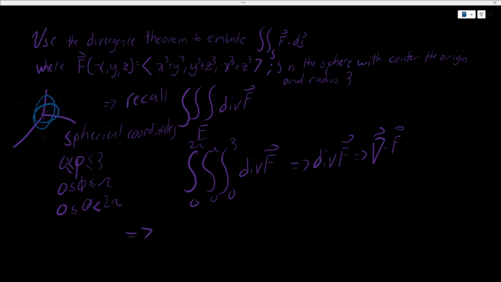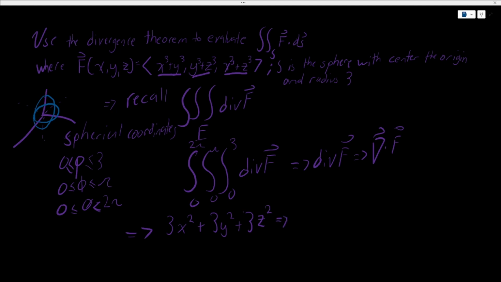The partial derivative of our first component with respect to x is going to be equal to 3x squared. Our second partial derivative with respect to y for our second component will be 3y squared, and the partial derivative with respect to z of our last component will be 3z squared.